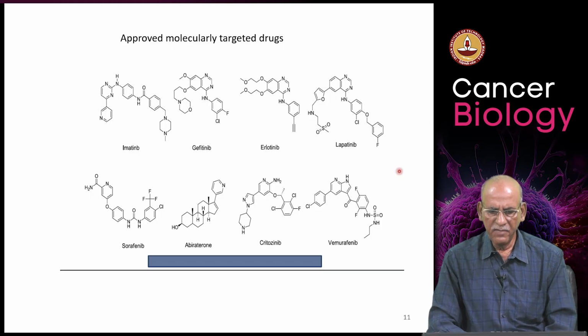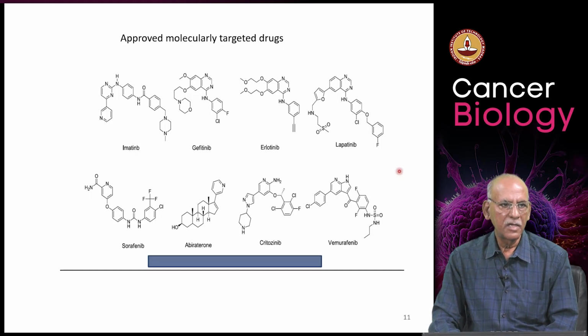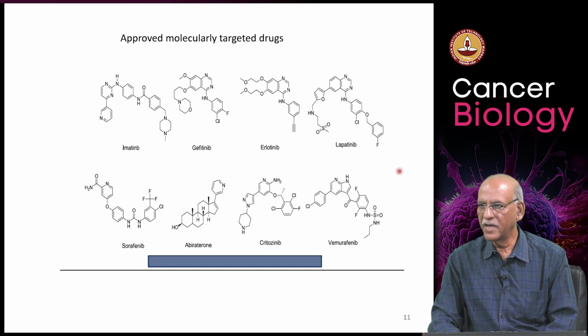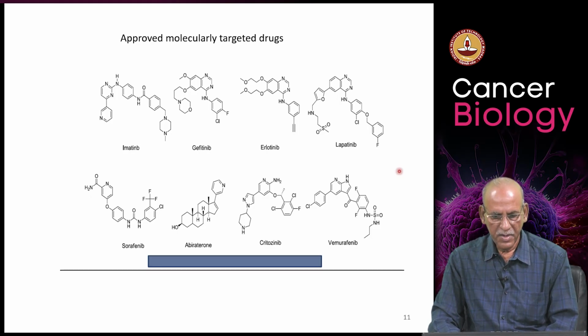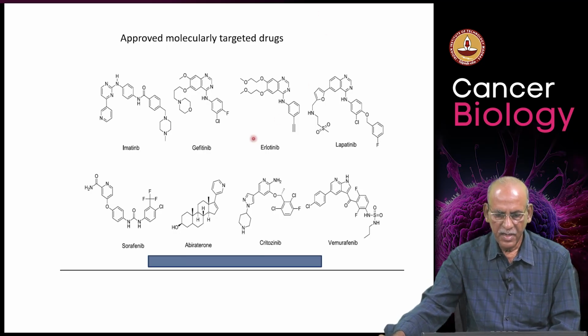As I told you, there were several difficulties with this approach also. Patients have developed as many as 40 mutations. So people have generated several drugs, what are called second generation, third generation, and so on. Some of them are listed here. You can take a look at that. Imatinib is the one that I just told you.